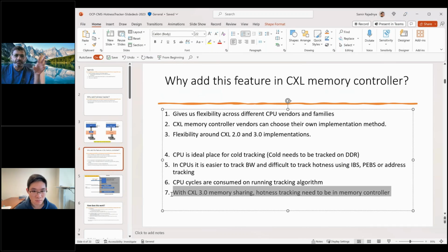Because an individual CPU's hotness tracking is only looking at that CPU's traffic. You're not getting complete visibility of the entire traffic coming to that shared memory region. For that reason, the CXL memory controller makes an ideal choice. So these are some of the reasons. Looking forward to any other contributors who can add some more data in this area.